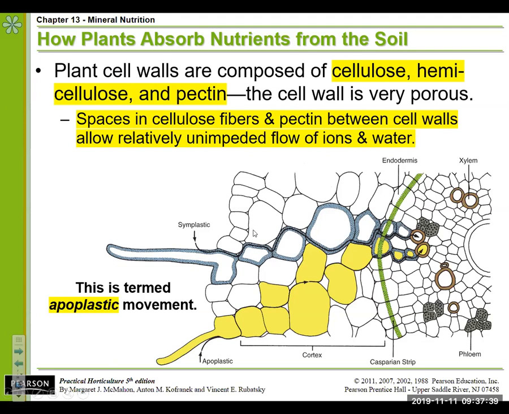So this is a cross section looking from above of the root. We have our root tips over here. We have the cortex, the Casparian strip, which these nutrients have to flow through, and then actually flowing into the xylem itself to be moved upwards into the plant.